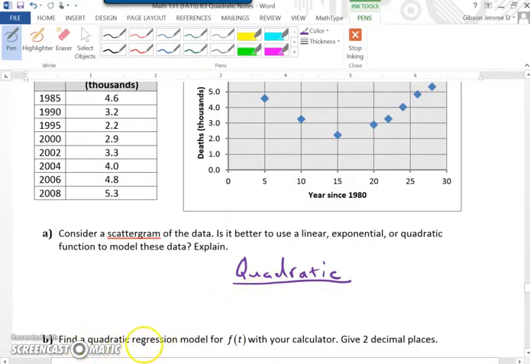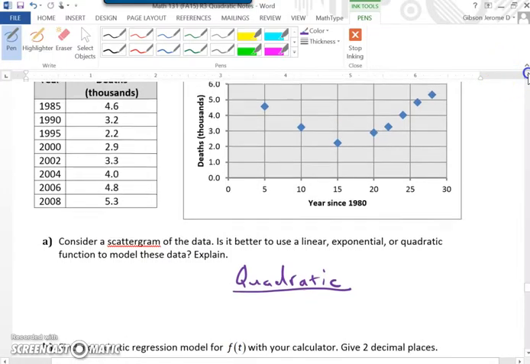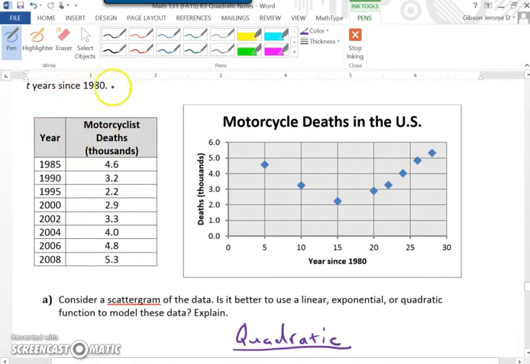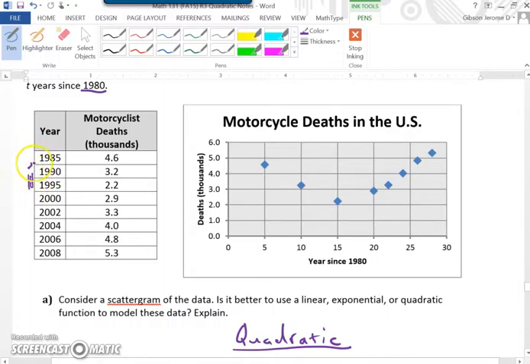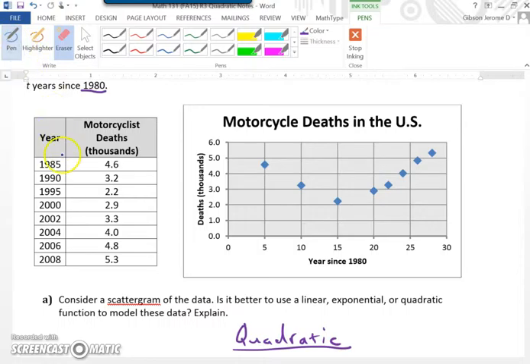Now for B, it says find the quadratic regression model for F of t with your calculator. Give 2 decimal places. So we need to put these values into our calculator. Now remember, this says since 1980. So we know we would do another list here. Because the years are L1 and the motorcycle deaths are L2, I will verbally tell you what you should put in for your L1.